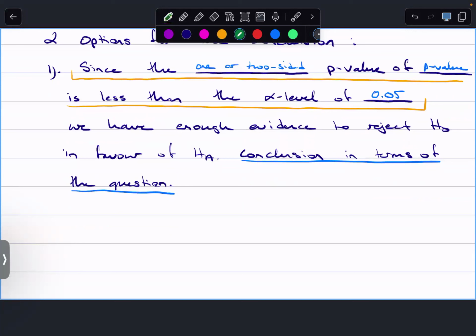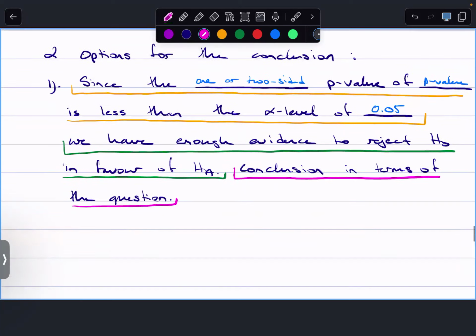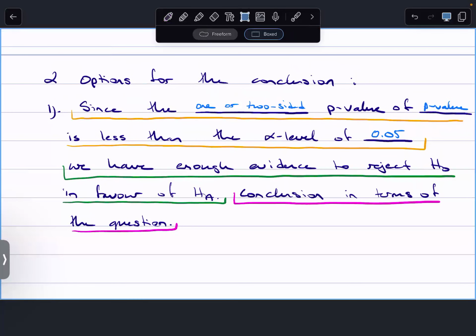The second part of the conclusion is we have enough evidence. So either you have enough evidence to reject H naught or you don't. And maybe I'll replace this blue with pink. And then finally, your conclusion in terms of the question.